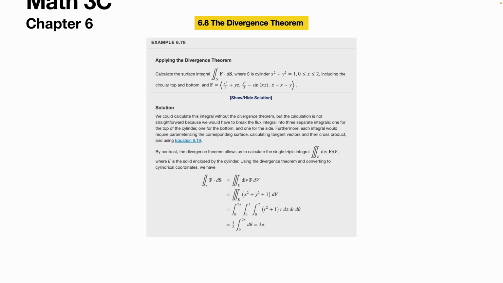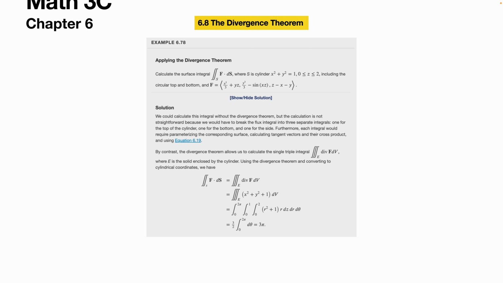And again, the nice thing about Stokes' theorem and the divergence theorem is that you can make a choice to evaluate either on the interior or on the boundary. So applying the divergence theorem, we're presented with an integral to evaluate, where it's a surface integral.